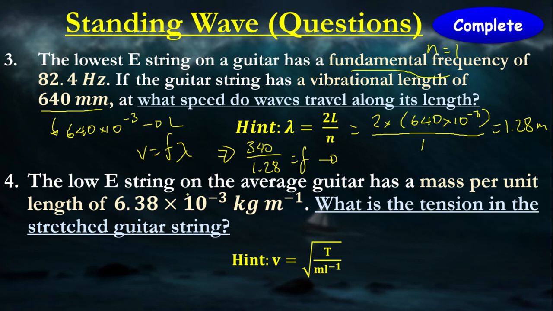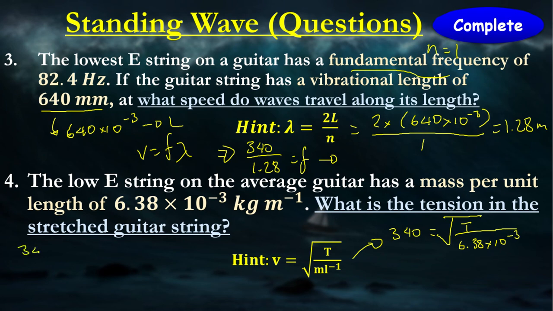The low E string on an average guitar has a mass per unit length of that value there. What is the tension of the force stretching the string? I know the velocity of the sound wave is 340. I want to find the tension, and I know the mass per unit length is this value here. So what you need to do is square both sides.